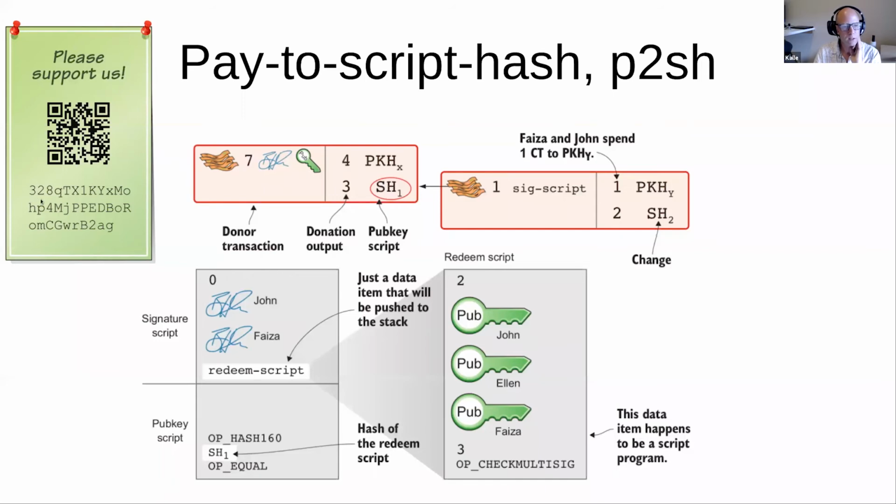If it does, we know it's a pay to script hash address. Pay to script hash resembles pay to public key hash, but instead of paying to a public key hash, you pay to a script hash. And I'll show you in detail what that means.